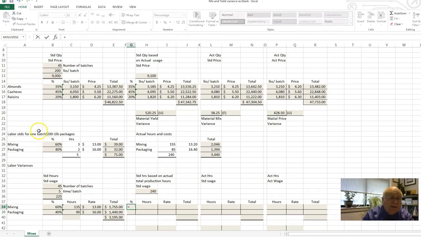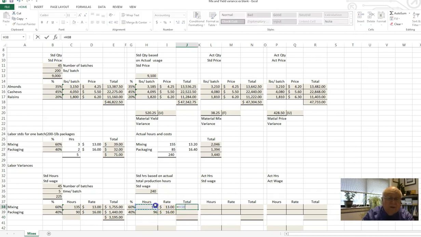Again, we use the same percentages, 60 and 40. And we do the same thing. We take the 60% times the 240 hours, and then 40% times the 240 hours. That's how many hours we should have used. Our standard rates is 13 and 16. Find out what our total is.